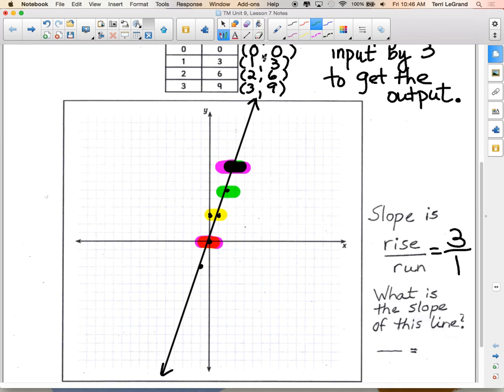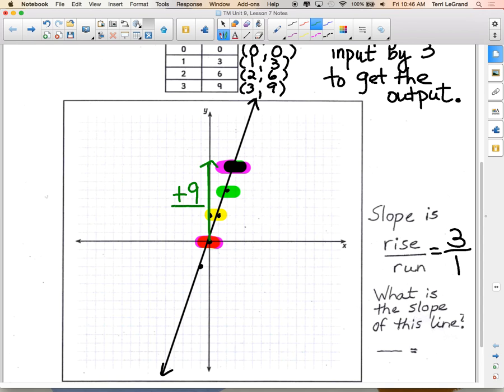We got a variety of numbers here. You got 9. Should be 9. So see if you can get 9. So that's a rise of 9 between this point and that point.